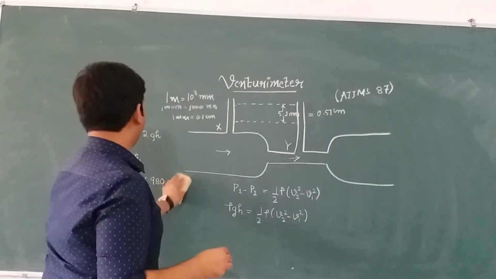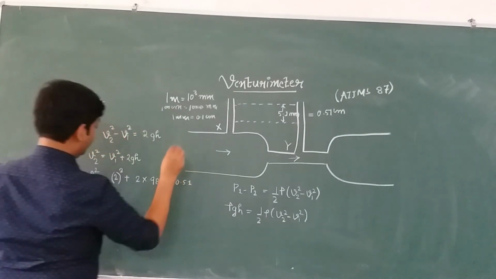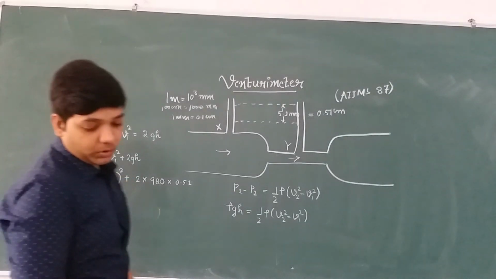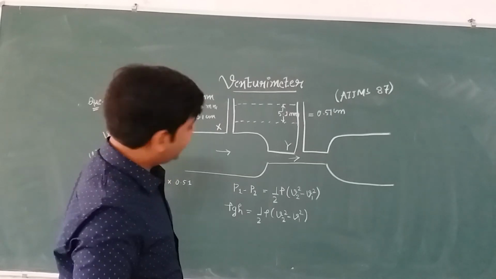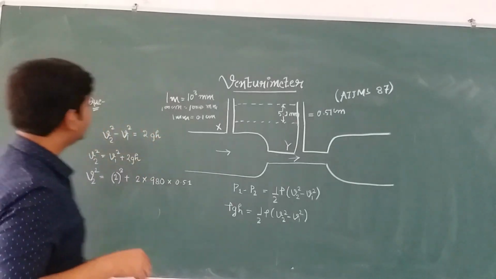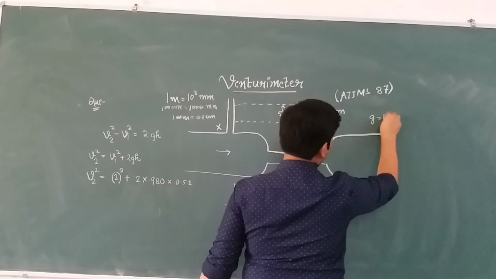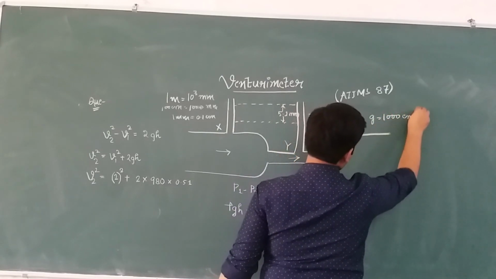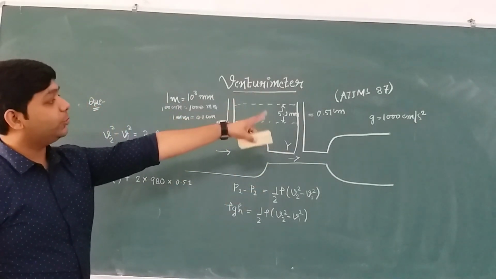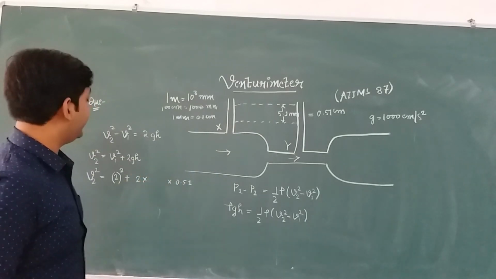So here we put the value in CGS unit again, and it is 0.51. Now, if you solve this, it is the calculation part, and you can easily solve. The question is asking you to take the value of g as 1000 centimeter per second square. This is given in the question, so I am removing the 980 which I have taken.